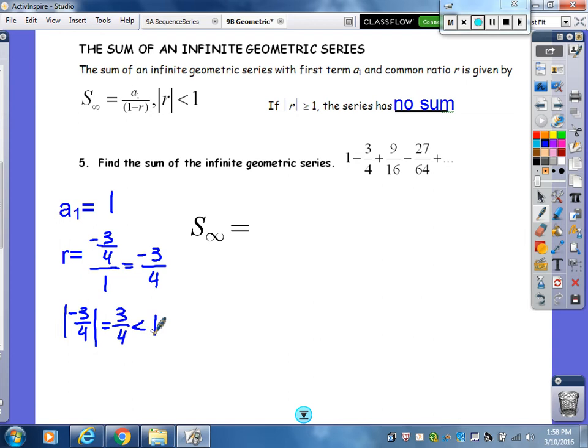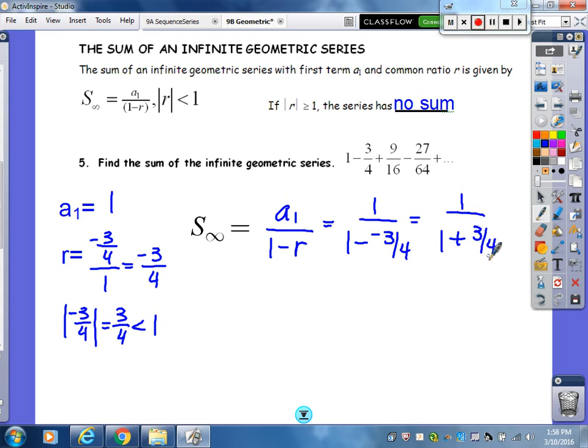So now we can use the formula. So the formula is a sub 1 over 1 minus the ratio. So let's plug and chug. Right, a sub 1 is 1 over 1 minus negative 3/4. So 1 over 1 plus 3/4. All right, so 1 over 1 plus 3/4 is 1 3/4.